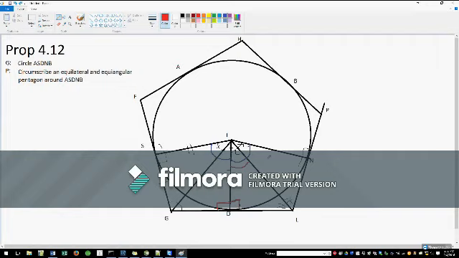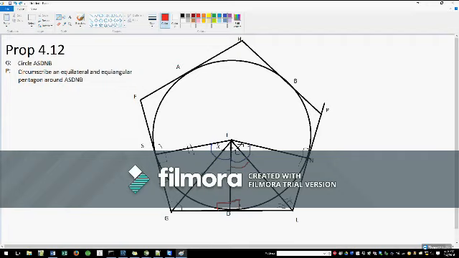Okay, so mark it as such, Michael. You say it in your own words. Well, because STD and DTN are bisected by the lines TG and TL, and they're equal, therefore all the angles are equal.